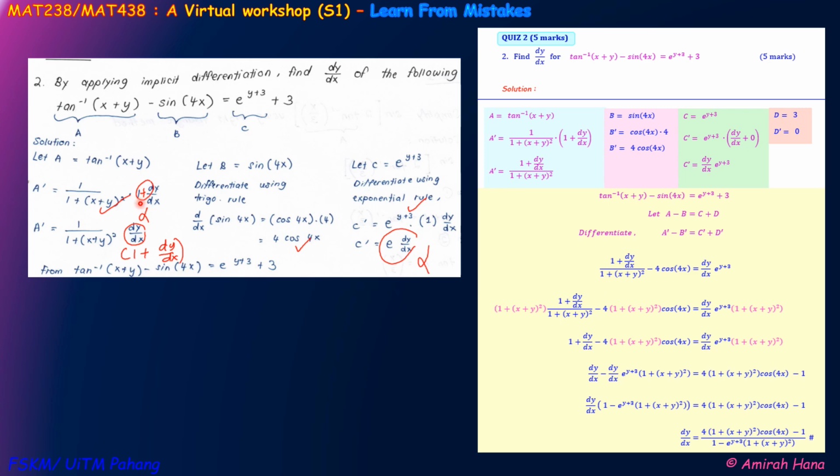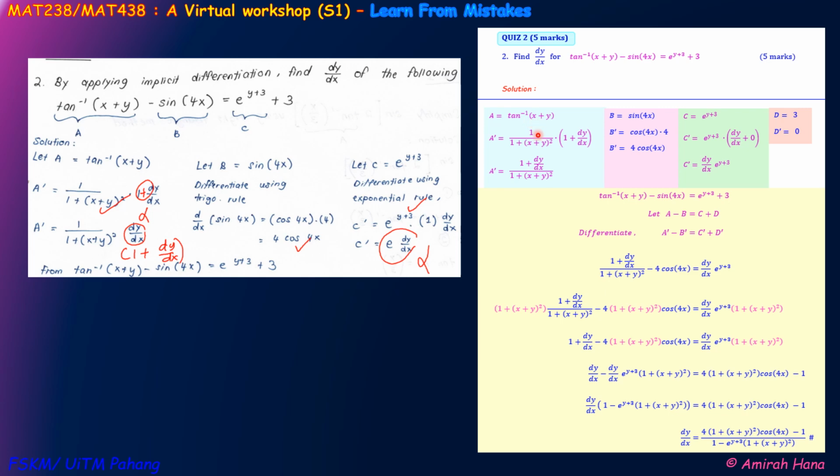Patutnya plus sebab differentiate x dapat 1, and in between is plus, so still plus. Differentiate y with respect to x equals dy over dx. Yang ini ada salah kat sini. Lepas tu yang ni dia follow yang atas ni betul, and then yang ni dapat dy over dx saja. Salah ya. Patutnya ada 1 plus dy over dx tadi. Right?